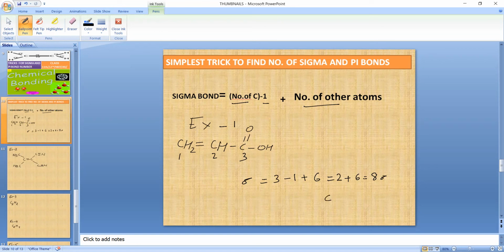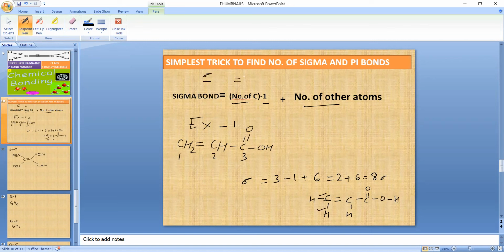Write this: CH2 double bond C double bond OH. Now count 1, 2. You have to remember that if a single bond is present, it is a sigma bond.